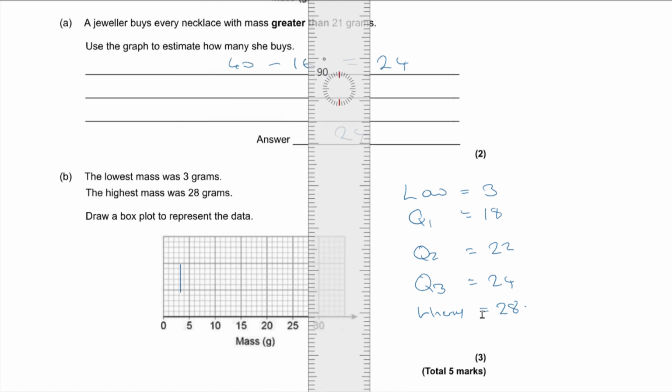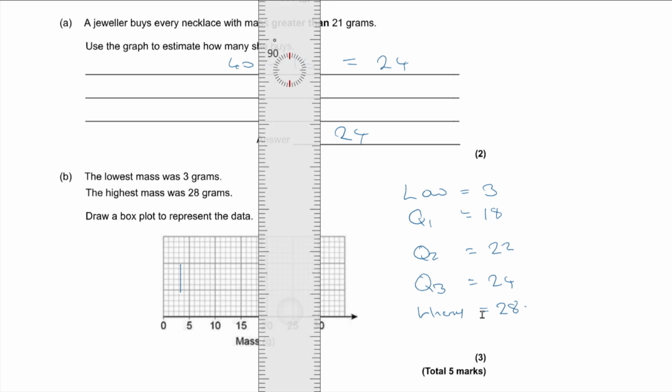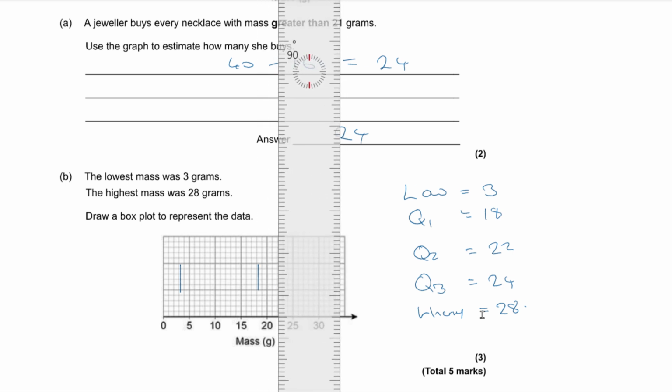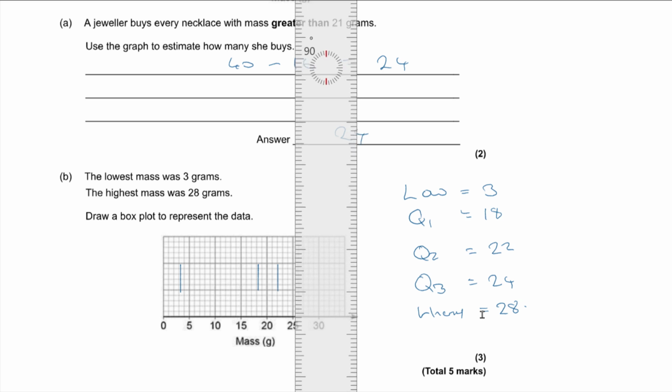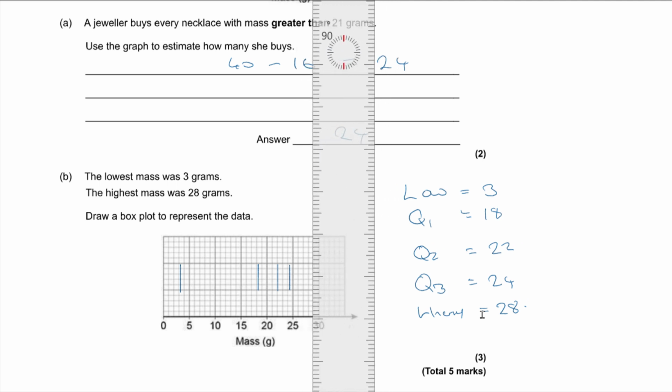I'm going to draw a line at 18. I'm going to draw a line at 22. And a line at 24. And finally, a higher value at 28.